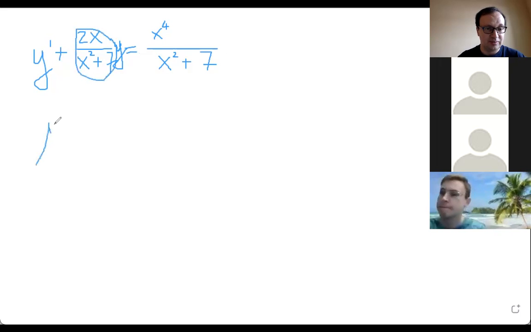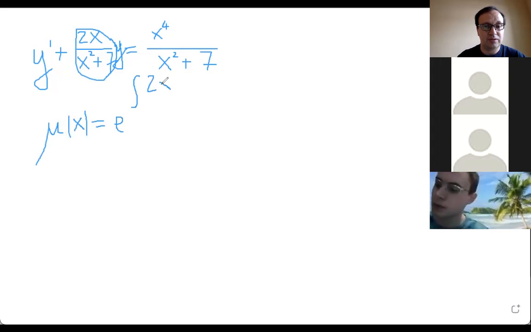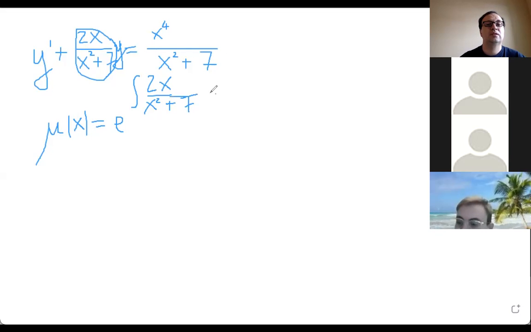So the integrating factor, it will be mu of x, this is the usual notation, is equal to e raised to the integral of 2x over x squared plus 7 dx. So can you please tell me the integral of 2x over x squared plus 7?